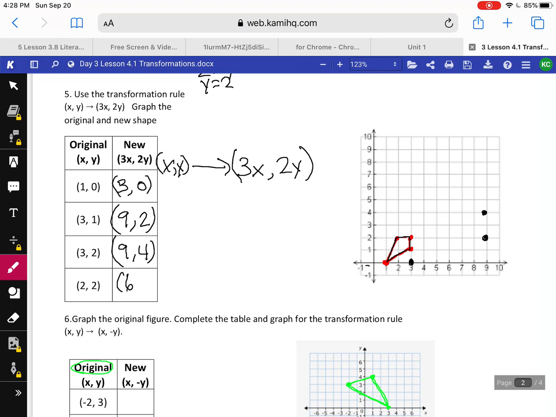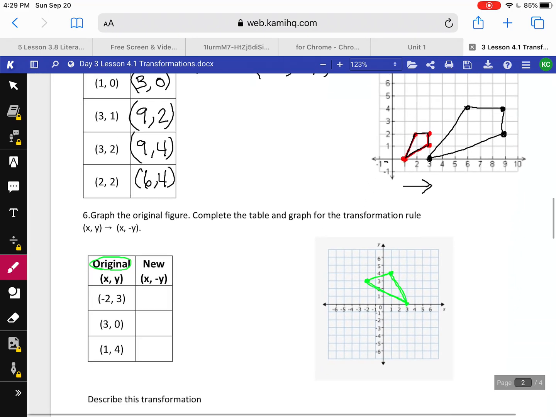And then we have 2, 2, which is our 6 and 4: over 6, up 4. Okay, so as we look at this one, not only do we notice we have done some shifting, right? We have a slide happening. We also have a stretch happening as well.